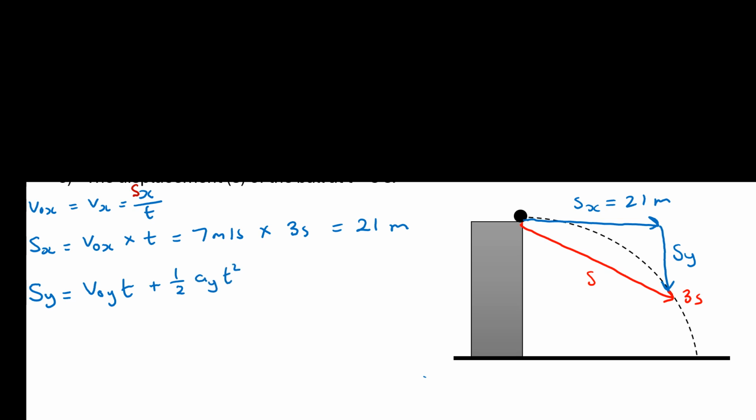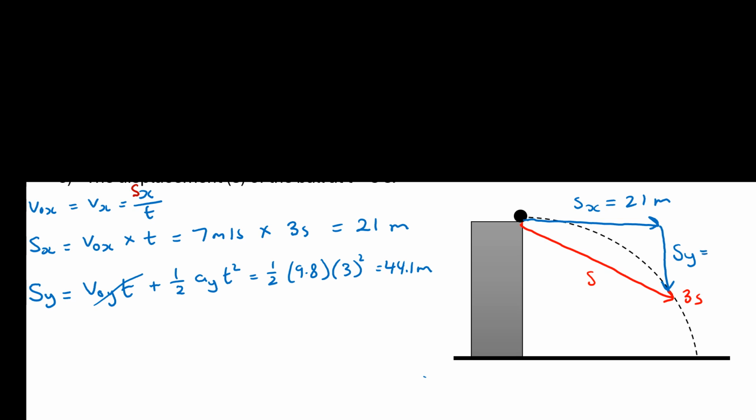Instead of y, I am putting now Sy. Let's sub in the values. We know v naught y is 0. So here we have only half times ay times t squared. So half times ay, which is 9.8, times t, which is 3 squared. Using the calculator, 3 squared, which is 9, times a half times 9.8 is equal to 44.1 meters.